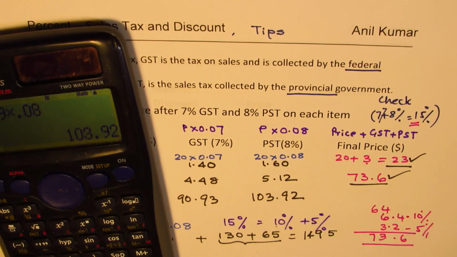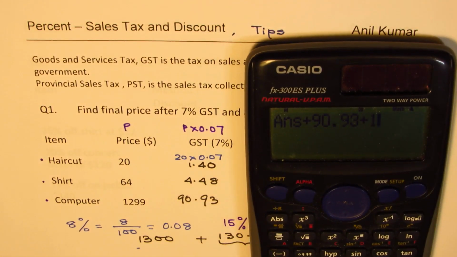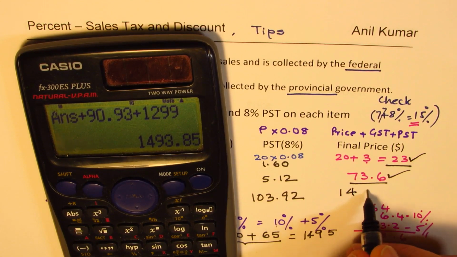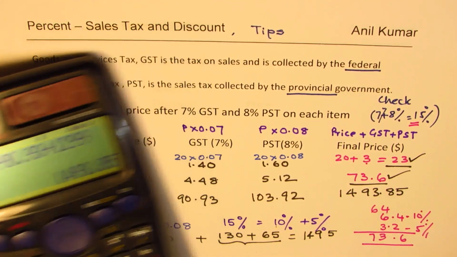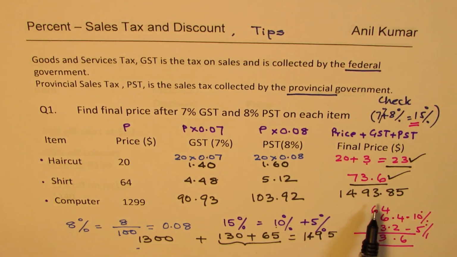Let's add them all, right? So 103.92 is already there in the calculator, plus 90.93 and plus original cost $12.99, and that gives us a value which is 1493.85, right? So see, our estimate was fairly close, 1495, not a bad estimate at all.